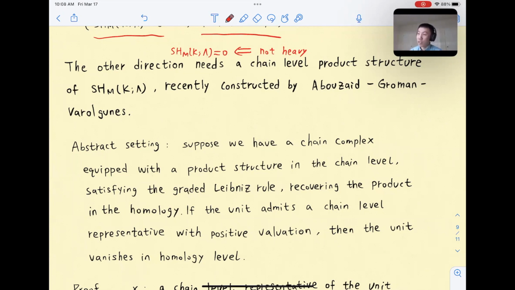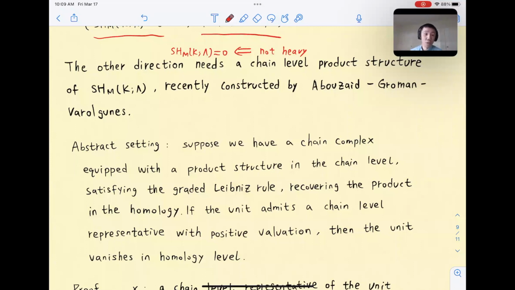Recently, they upgraded this to the chain level. They construct some chain model, a priori different from this telescope model, which has a chain level product structure. So we will use the result as a black box.